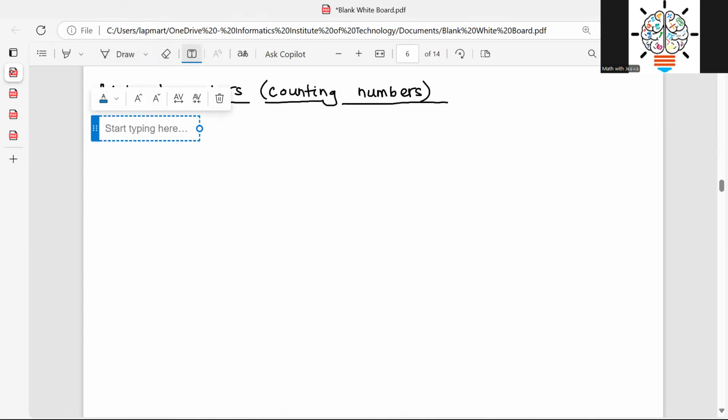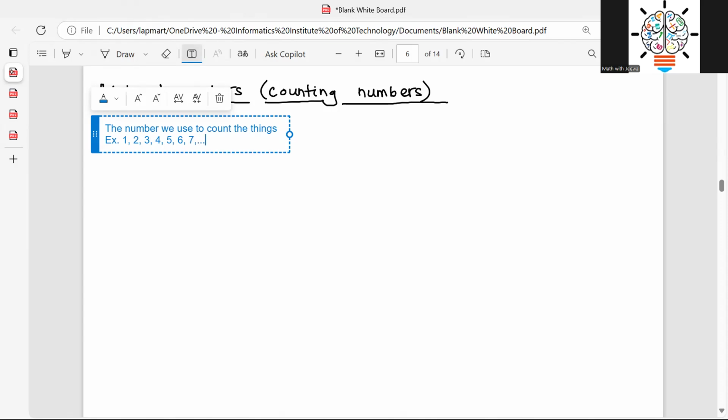I just type here so then I can quickly do that. The counting numbers. So the numbers we use to count things. Examples of counting numbers or the natural numbers: 1, 2, 3, 4, 5, 6, 7, and I put a comma and 3 dots.